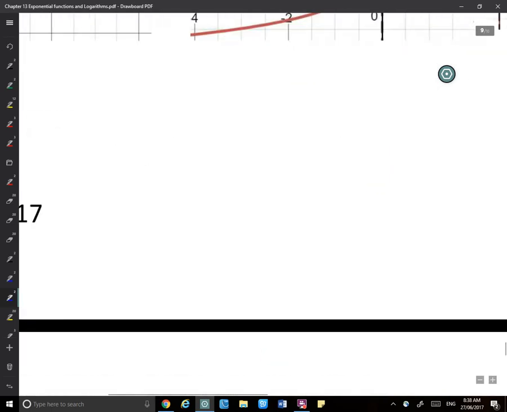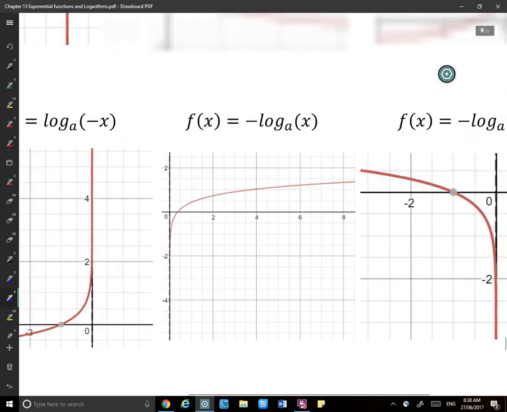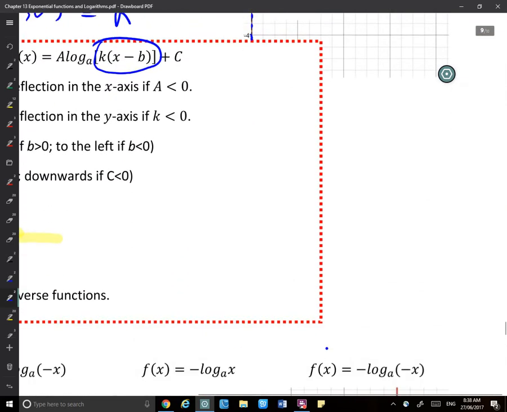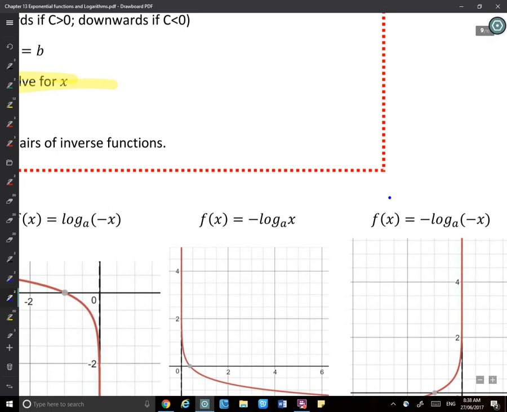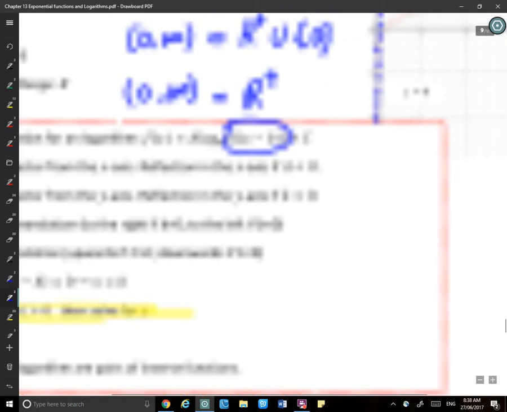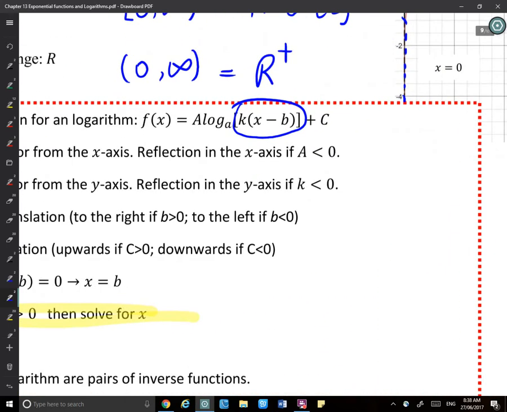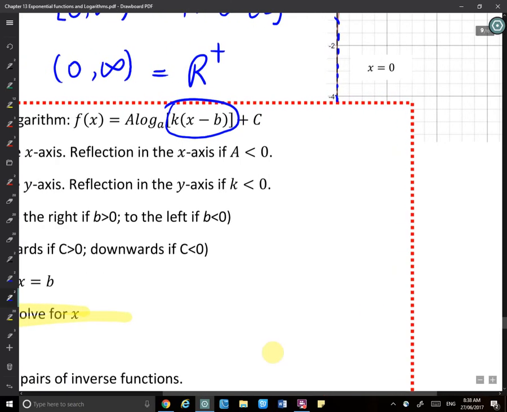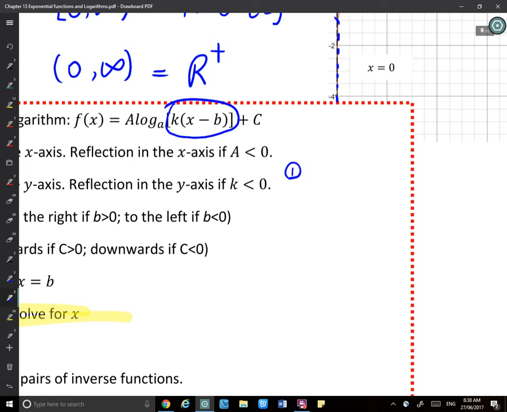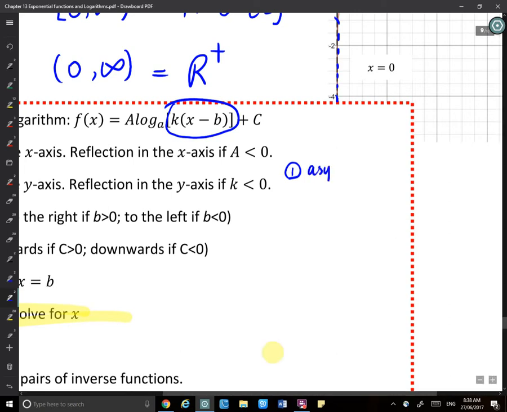How we sketch the graph is very similar to exponential, but it's a little bit harder. Number one is asymptotes again. In exponential, there's a horizontal asymptote, and now we have a vertical asymptote. So the first step is to find the asymptote.